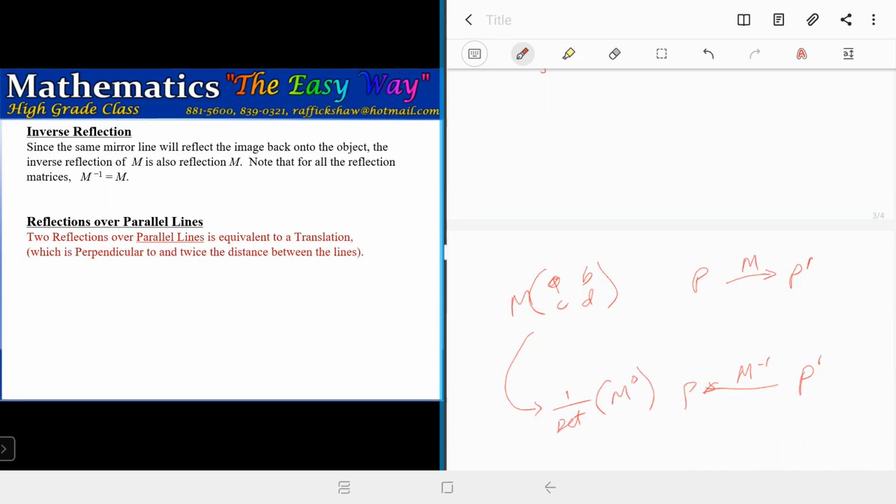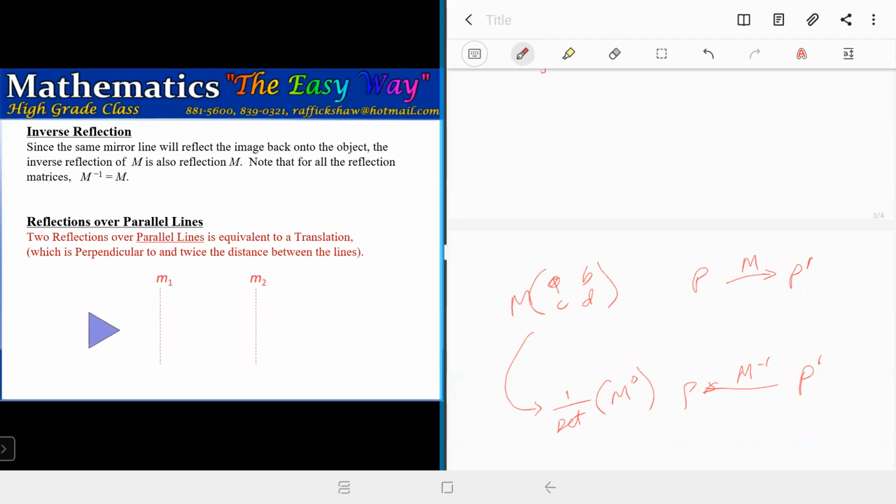If you reflect over two parallel lines, two consecutive reflections, this is equivalent to a translation. The direction of the translation is perpendicular to the mirror lines, and the length of the translation is twice the distance between the mirror lines. Let's look at it.